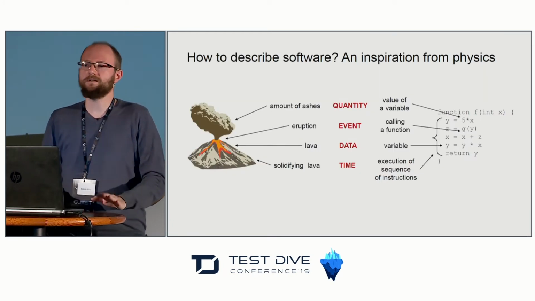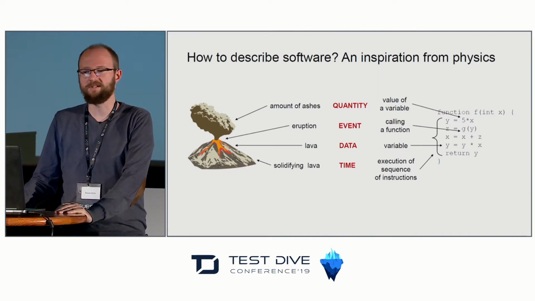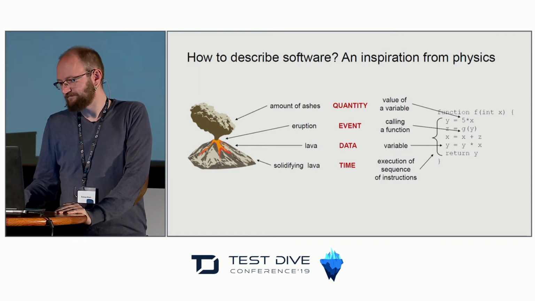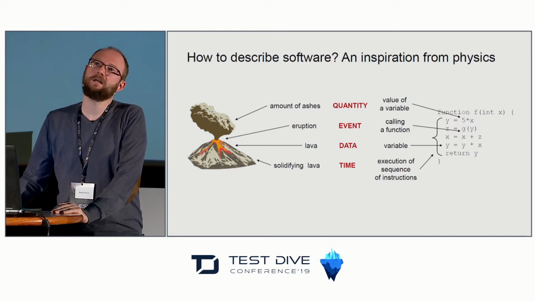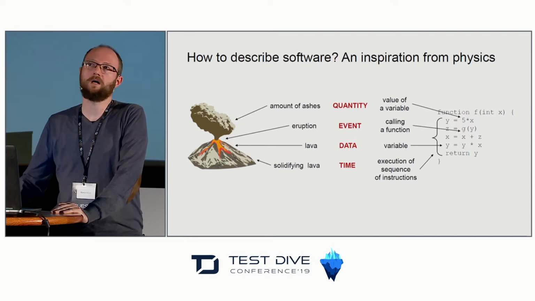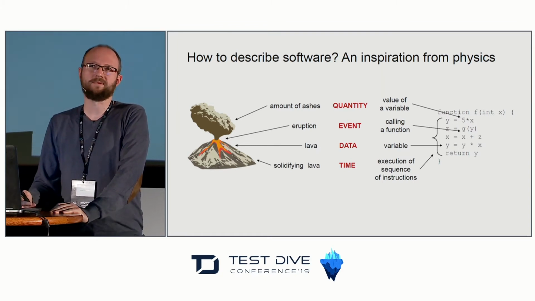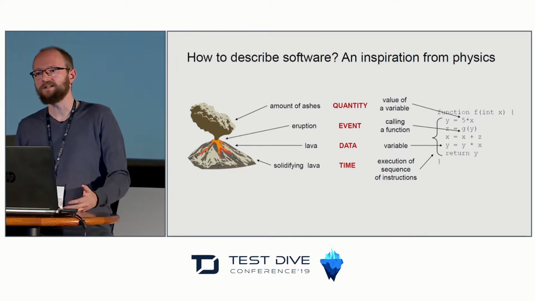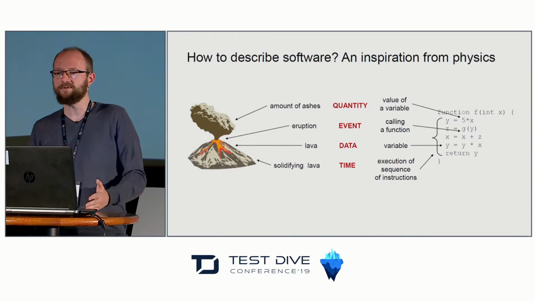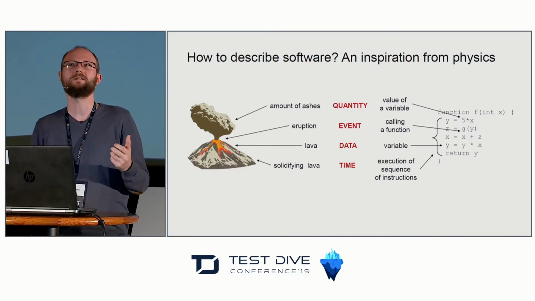So the inspiration for this approach to this TQED model comes from physics. Physics deals with reality. Reality is complicated, but physics has some tools to describe this reality. And these tools are quite simple in the sense of their complexity. Of course, physics is not simple as a science, but the tools are simple when we compare them to this very, very complicated reality we live in.